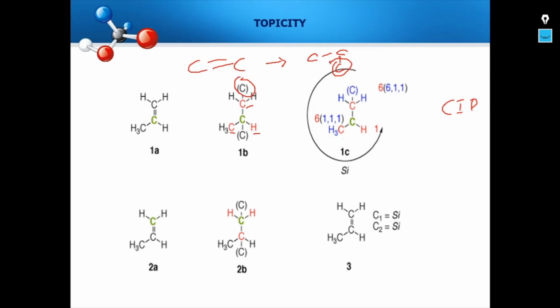Using the same principles, the C=C double bond is treated as a single bond with phantom carbons attached to each of the carbons of the double bond in 1B. Each one of the ligand atoms of C2 is in red. Now this diagram distinguishes the two carbon atoms. Now you can see how it gets distinguished. In this case it is 6, 1 and 1, and in this case it is 1, 1 and 1.